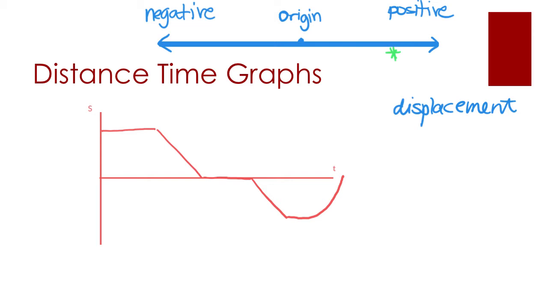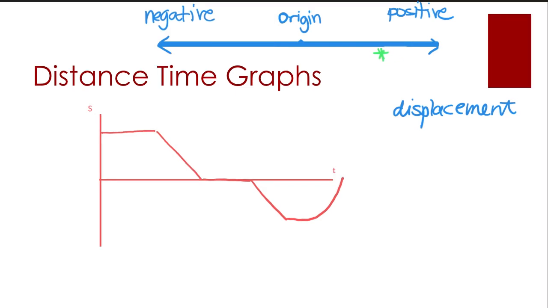And then my second section, it's going to move to the origin. It's moving to the origin, and it's taking the same amount of time to go across until eventually I get here, and we know what that means. That means I stop at that point.